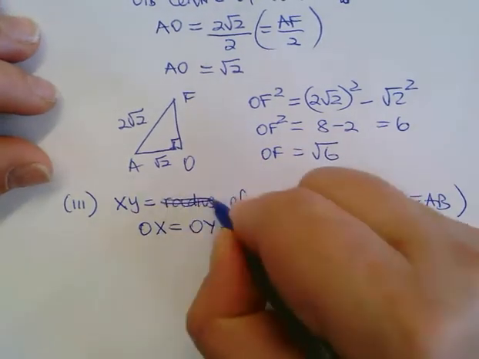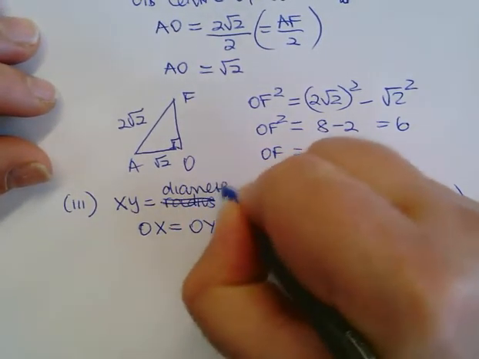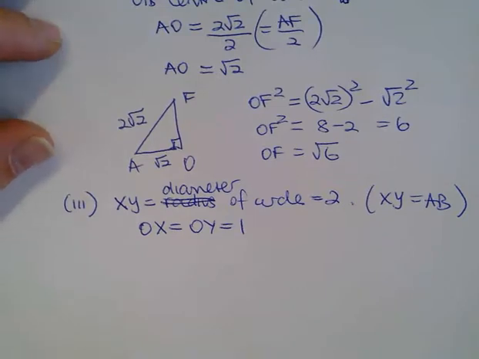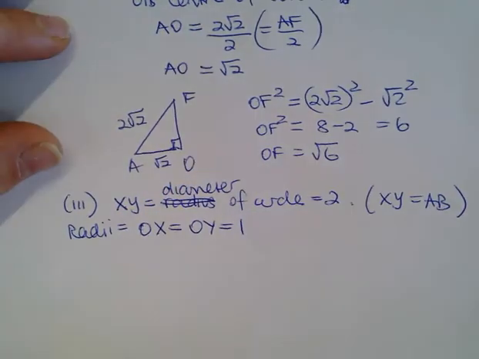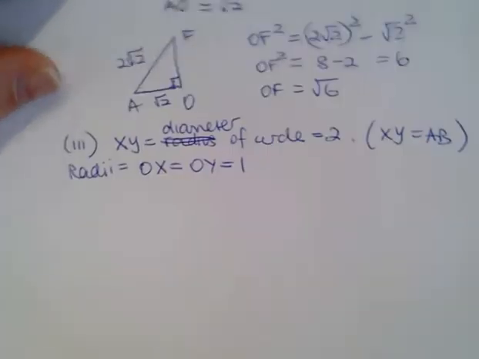Sorry everyone, the diameter of the circle is 2, and so therefore the radii OX equals OY, which equals 1. You know what I meant.